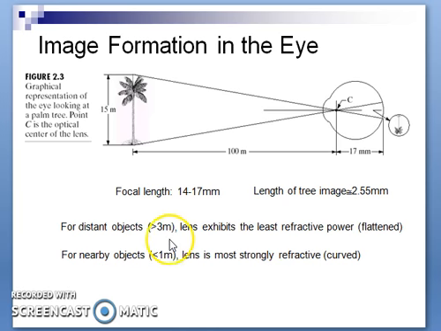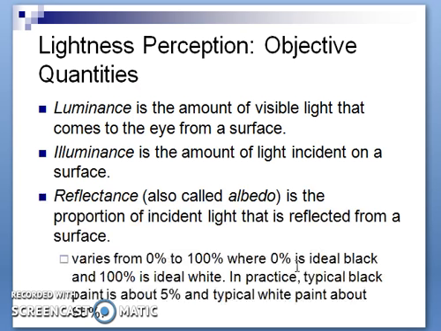For distant objects greater than 3 m, the lens exhibits the least refractive power, and for nearby objects it shows a strong refractive power. Now, some of the important terms related to perception: one is luminance, the other is illuminance, and the reflectance.